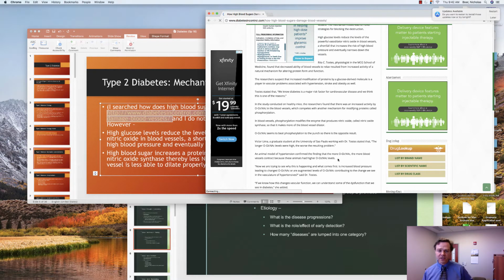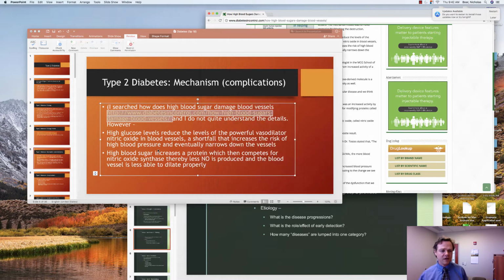I might not understand the mechanism, and even I, who have a good background in this, have difficulty following the mechanism, so I can make the general assumption that most everybody else has difficulty following it, and that's okay. But realize that there is a mechanism, that this has been figured out, and there is a biologic plausibility that's there, even if you don't quite understand it.